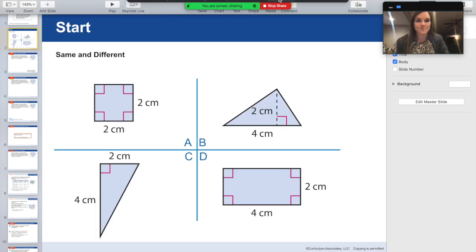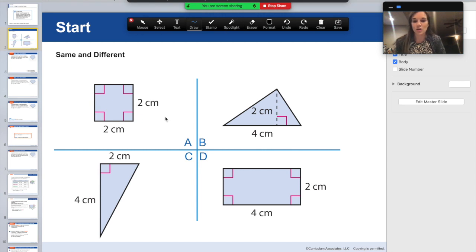Okay, we will annotate, we'll just draw. So I want you guys to, in these 4 grids, find the areas of the square, this triangle, and this rectangle.